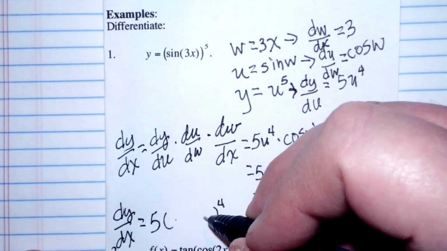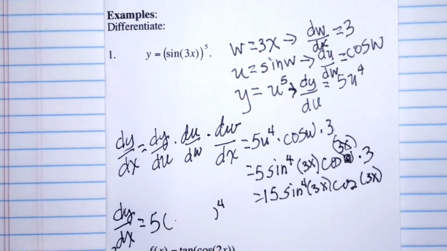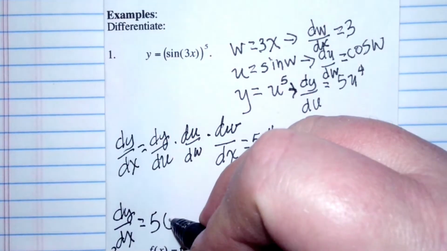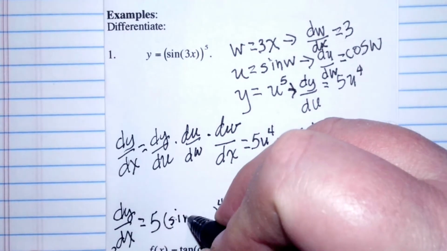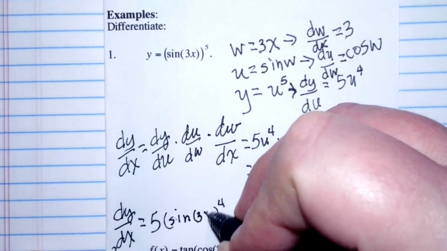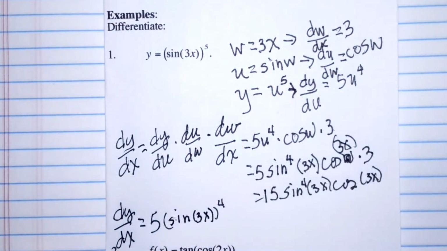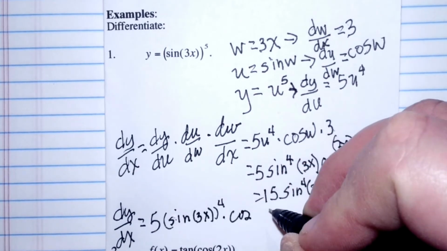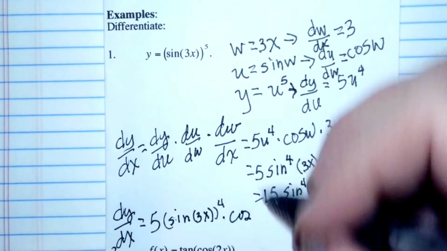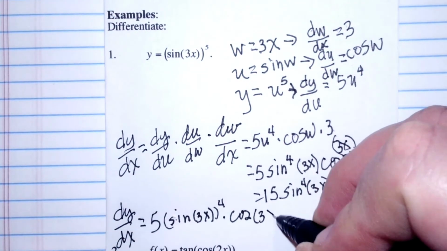But now what goes in here? Well, we don't change what's inside at all. Now we need to multiply by the derivative of the middle level function. Well, that would be the sine function. So we'll multiply that by the cosine. Cosine of what? Well, it was the sine of 3x. It's going to be the cosine of 3x.